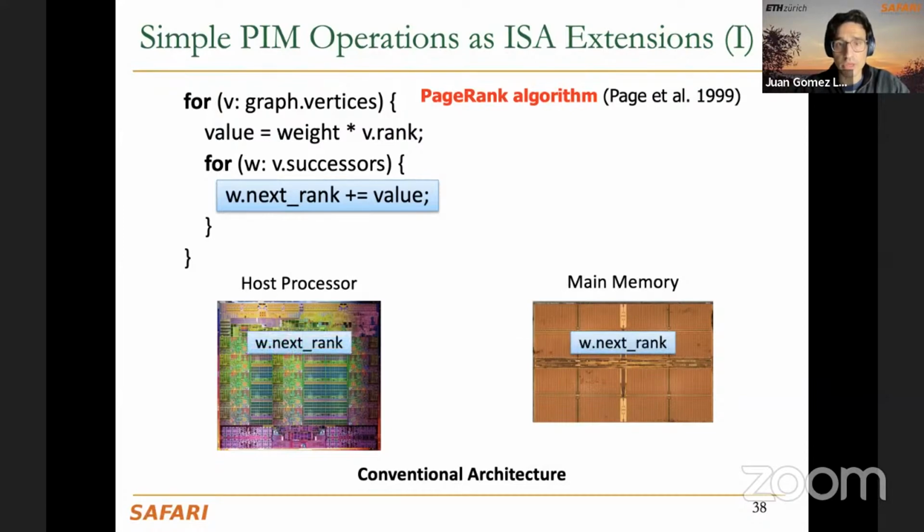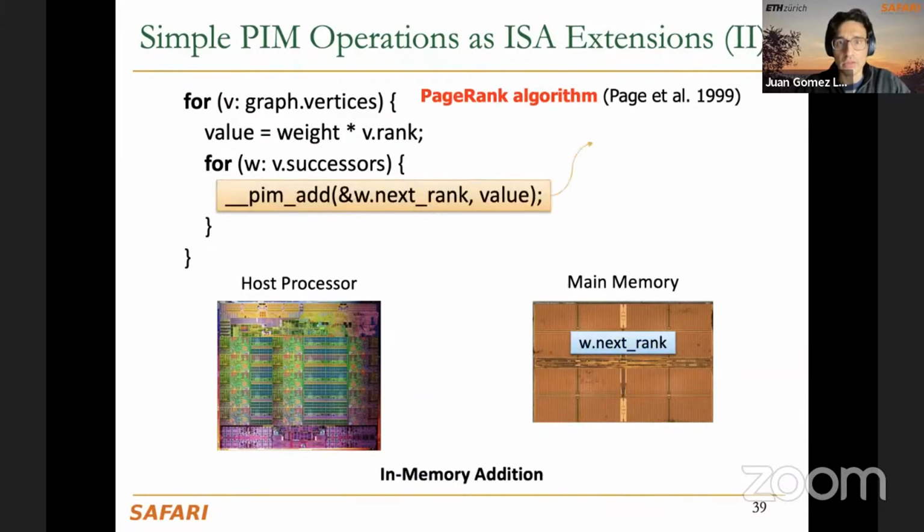And you might remember this slide where we see that updating the rank of a specific node in our graph requires reading probably 64 bytes from memory and then writing back these 64 bytes for maybe just a single addition, right?